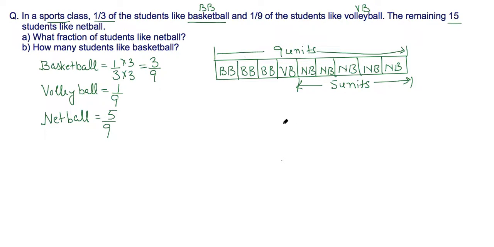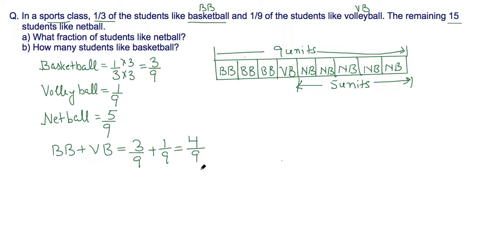But for our working, we have to show the working as well. How do we do that? Just add up the fractions of students who like basketball and volleyball: 3/9 plus 1/9 gives you 4/9.